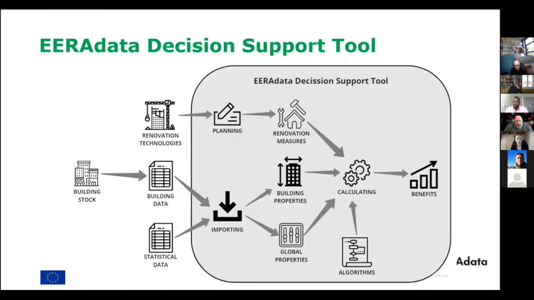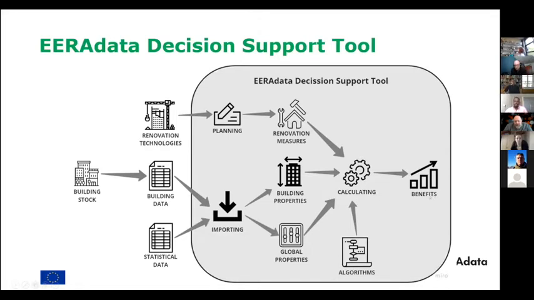What I would like to show you now is the functional idea diagram of the application. Maybe let's start from the center. In the center we have the calculation, because the calculation is the fulcrum of our application.